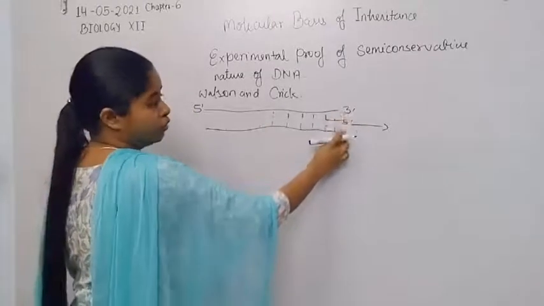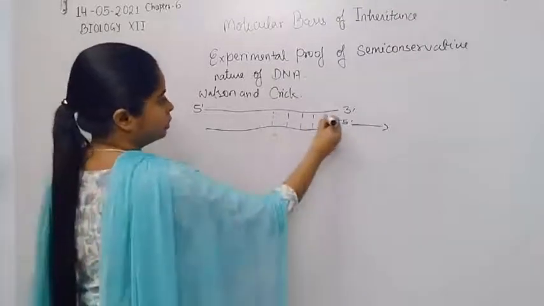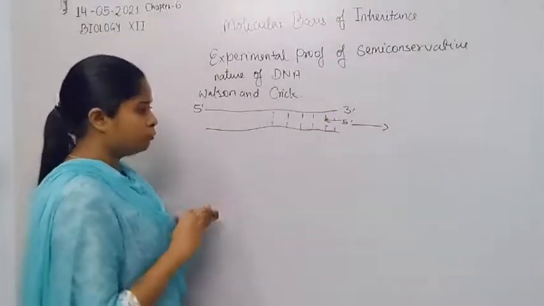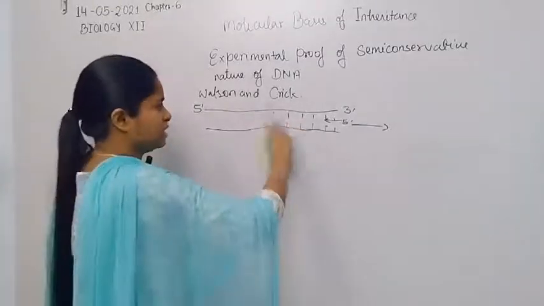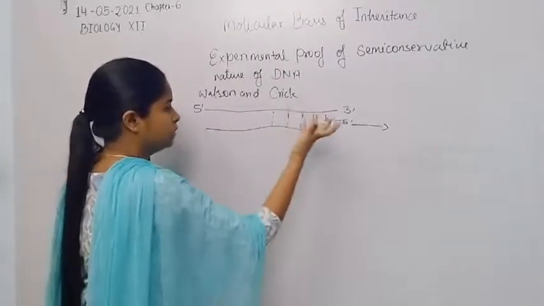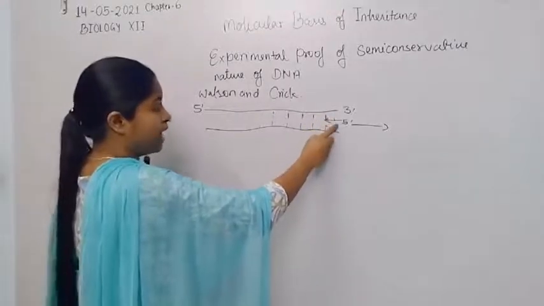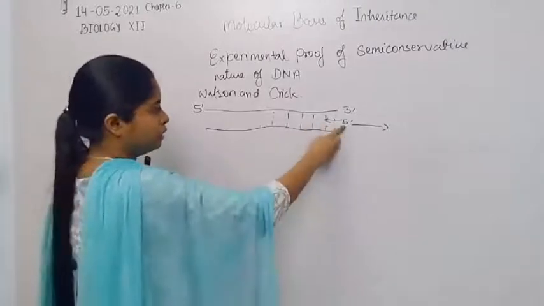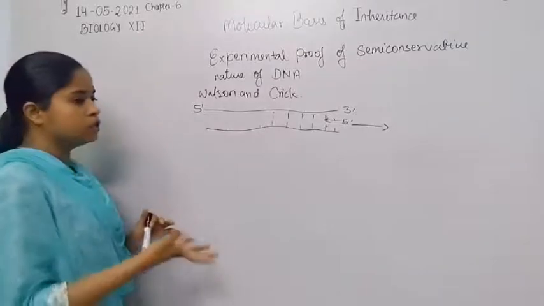Both strands of the polynucleotide chain or DNA molecule do not run in the same direction; they show opposite polarity, so the direction of the newly synthesized strand would also be anti-parallel.